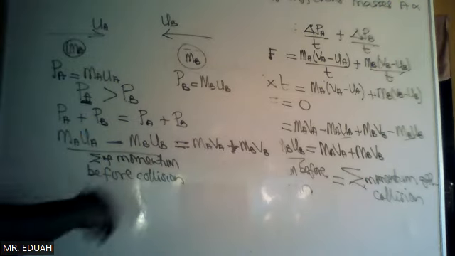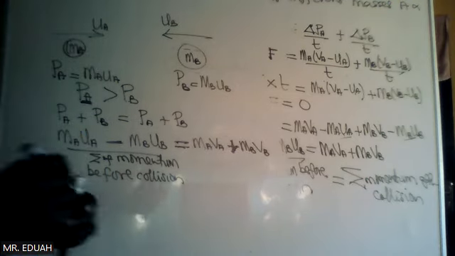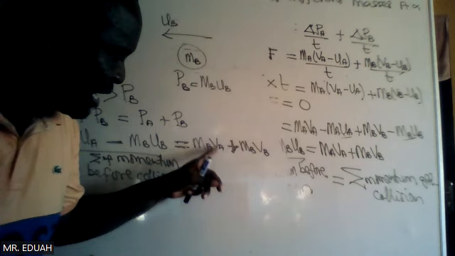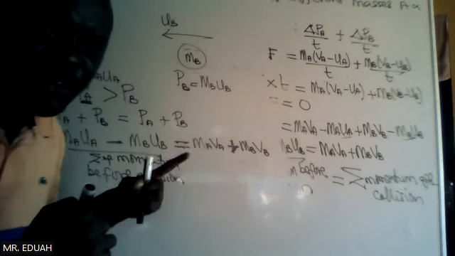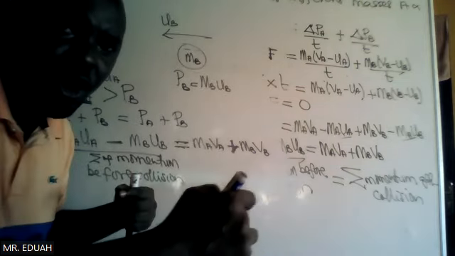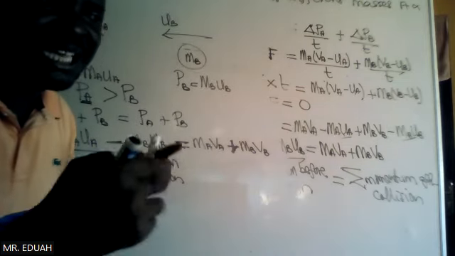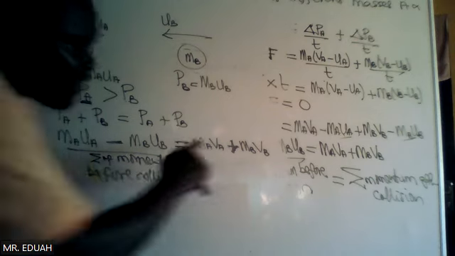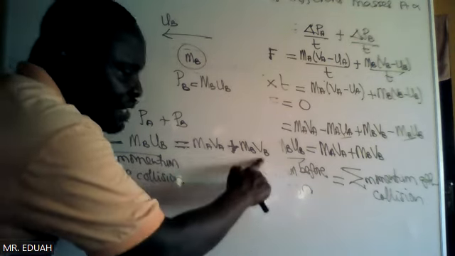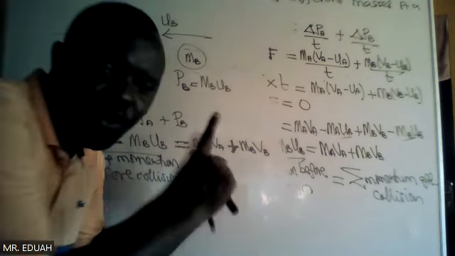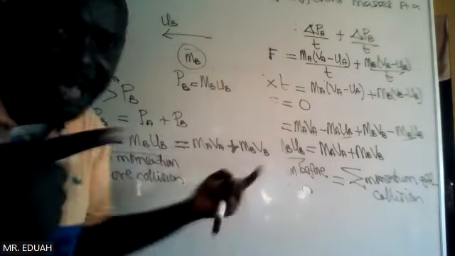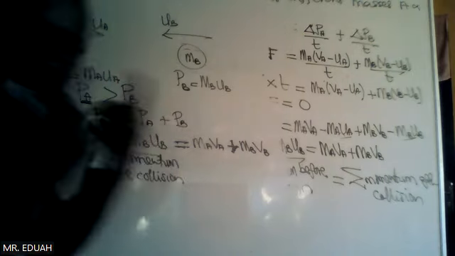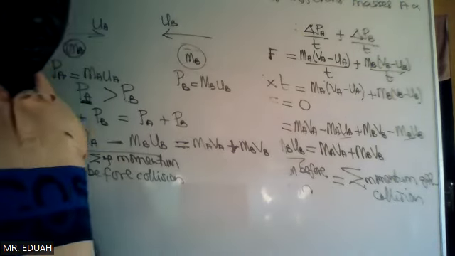There's no minus after collision. The values of VA and VB will determine whether they would be moving in opposite directions or in the same direction. So until you have found VA and VB, you can't tell whether after collision they will be in the same direction or in opposite directions. But before, you can always look at them and tell.